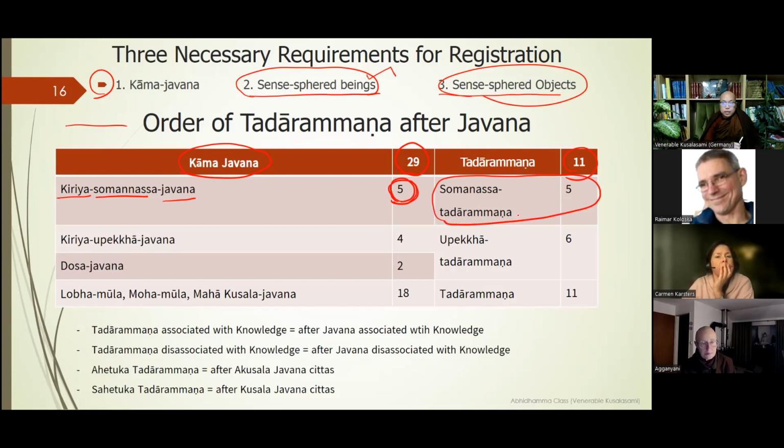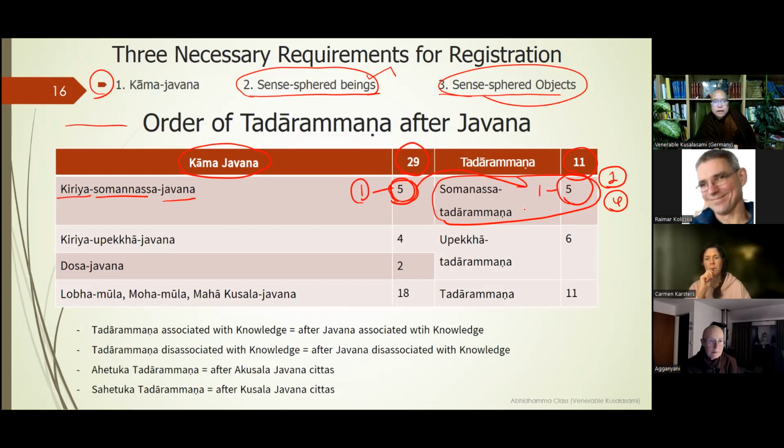This is Somanasa Tadaramana. Out of the 3 Santirana, which are 2 Upekkha and 1 Somanasa, the Somanasa 1 is a possibility. And another Somanasa Tadaramana is the 4 Mahavipaka, great resultant consciousness accompanied by joy. So altogether 5. These 5 to these 5 is just a possible match, but actually it is one of the 5. I hope you got it.